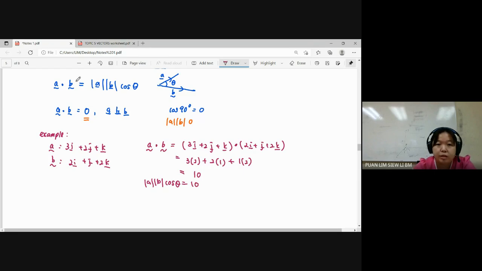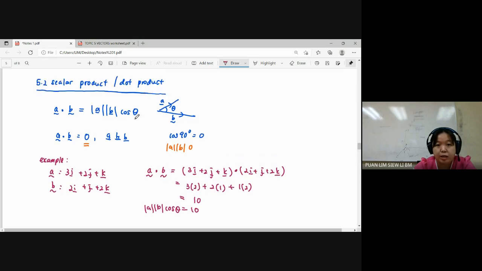Masukkan dalam formula ni. Maka kita carilah magnitude A, carilah magnitude B, substitute balik, carilah balik theta. So dalam bahagian ni bukan saja awak kena tahu dot, bukan saja kena tahu darab, kamu kena faham apa kegunaan darab ini. So darab ini merujukkan kepada angle.